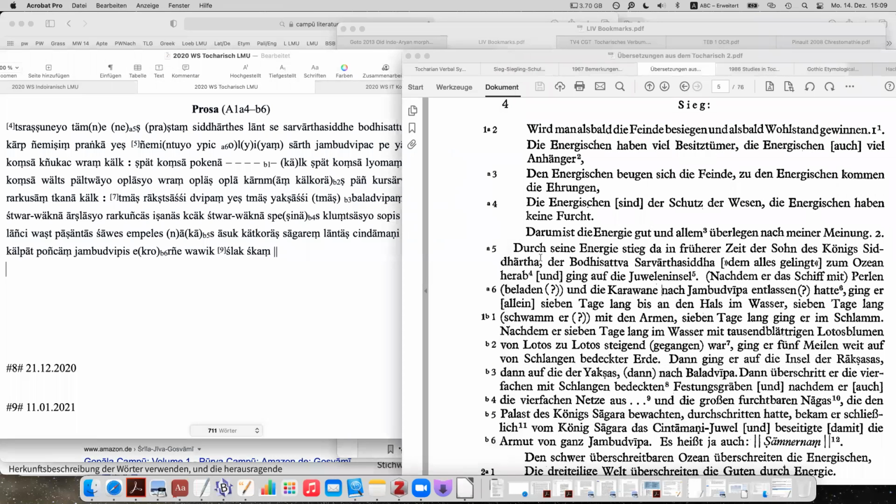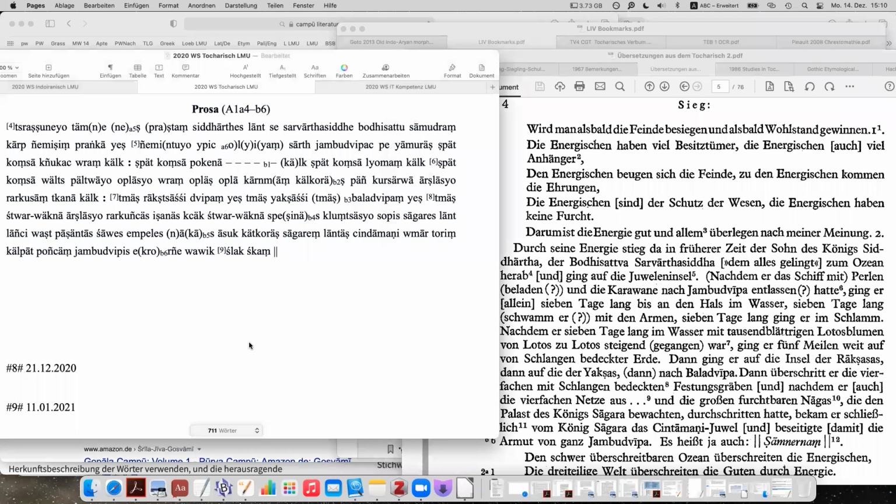Durch seine Energie stieg da in früher Zeit der Sohn des Königs Siddhartha, der Bodhisattva, Sarvata Siddha, zum Ozean herab und ging auf die Juweleninsel und nachdem das Schiff mit Perlen beladen und die Karawane nach Jambudvipa entlassen hat, ging alleine 7 Tage lang und so weiter. And now we have a narration, we have a story.